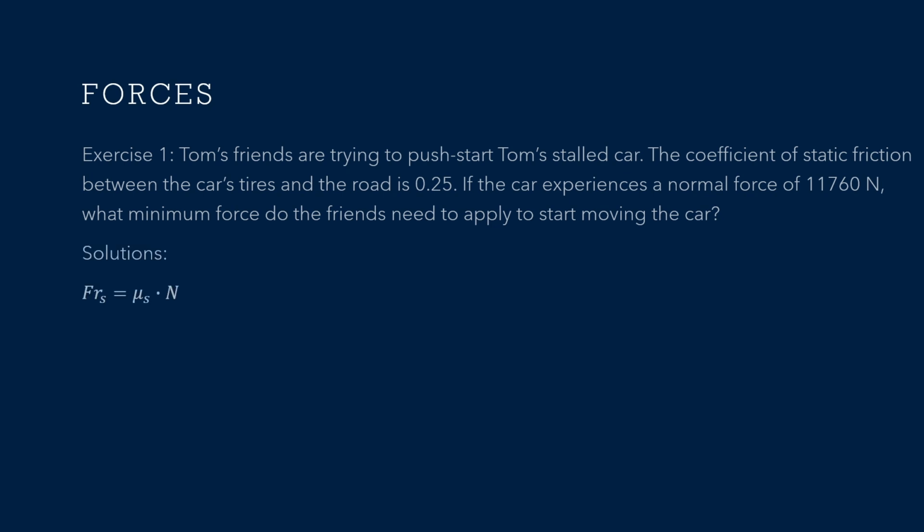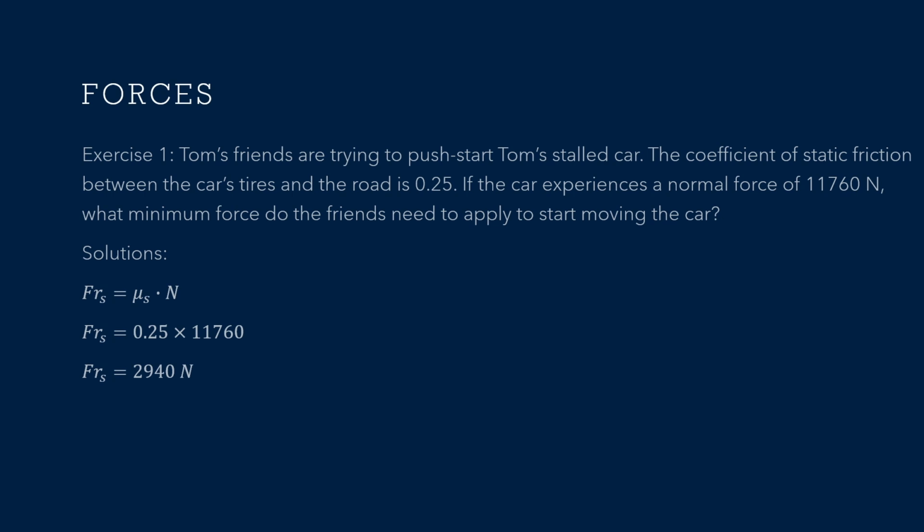First, I write down my static frictional force formula because I was told that the car is stationary and hence it possesses static friction as I've previously mentioned. And substituting in the values that I got from the question, I get mu that is equals to 0.25 or coefficient of friction, and a normal force that is 11,760, and I have a static frictional force of 2,940 newtons.